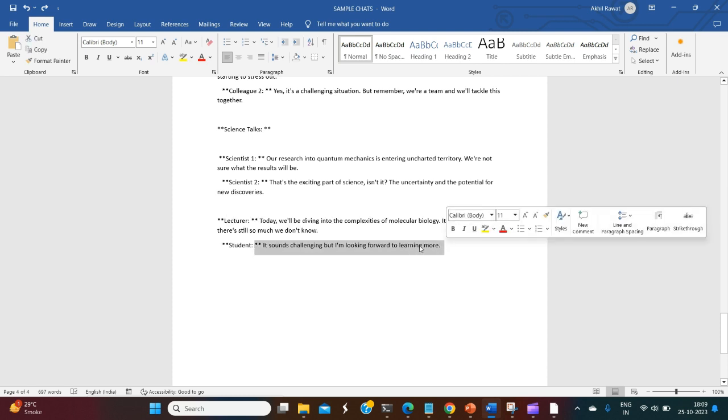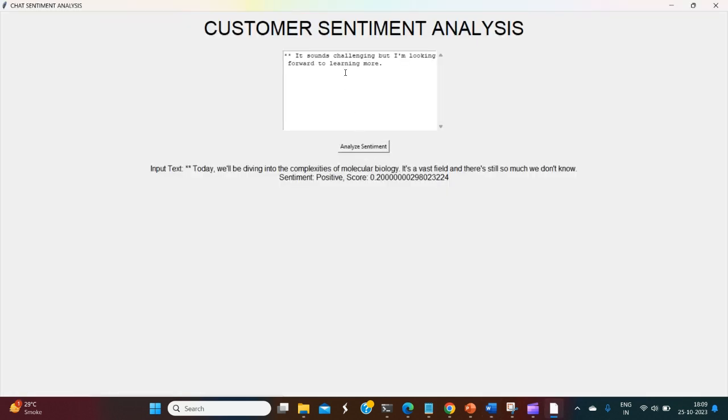So if I take this from here, let's check for this one also and analyze this sentiment. Yeah, you can see the score 0.89, 89%. It sounds challenging, but I'm looking forward to learning more. So you can see in every scenario, Google's sentiment analysis has been trained in such a way. You can see this input text got very high accuracy, I mean, positive score.